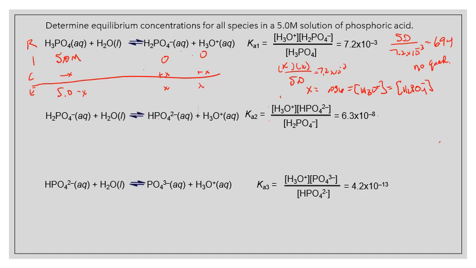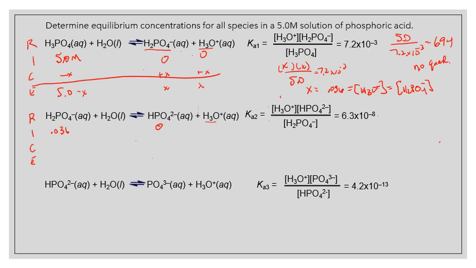Now, we have a special circumstance that takes place when we look at our second equilibrium reaction, because now when we set up our RICE table for this, hopefully you notice that my reactant, H2PO4-, is the same as my product that we had in the equation above. So my initial concentration would also be the 0.036. I would have 0 for the HPO4 2-, but I also have H3O+, which was my other product from that first equilibrium expression.